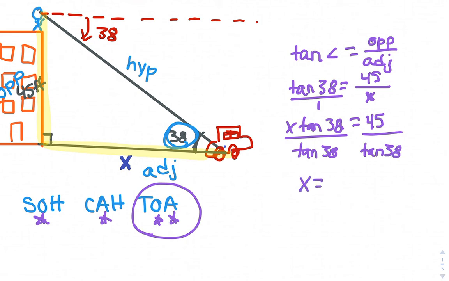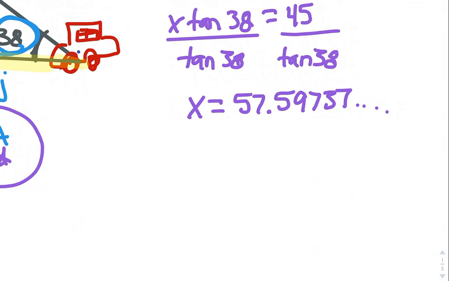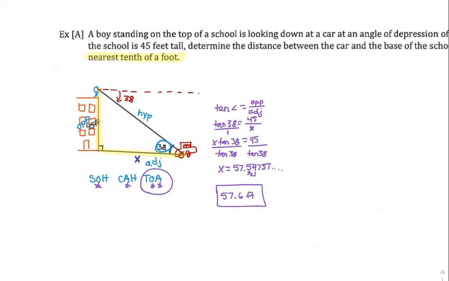I get x equals, in your calculator you're going to do 45 divided by, remember to put your tangent in parentheses, and I get 57.59737, and so on. It asks me to round to the nearest tenth of a foot. Tenth is the first decimal spot. Since the next digit is 9, that one's going to go up 1. So it's going to be 57.6 feet.